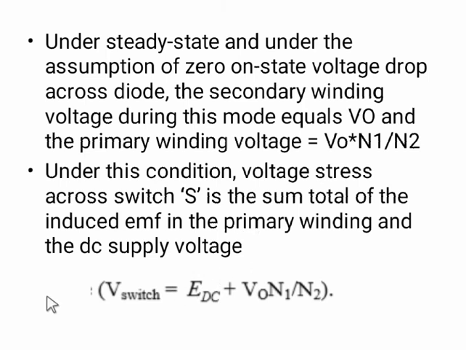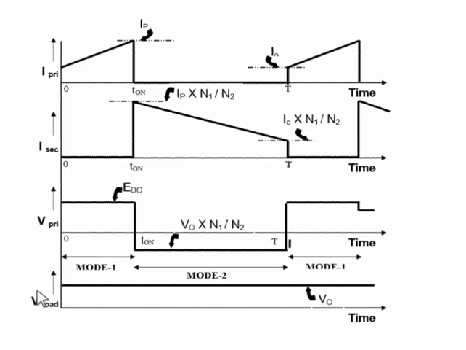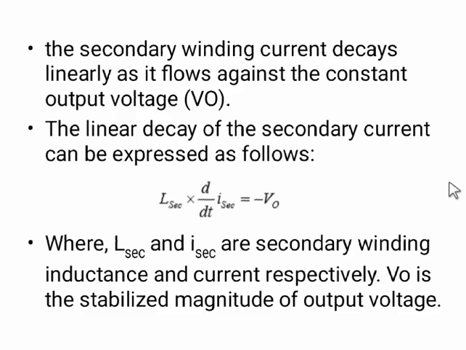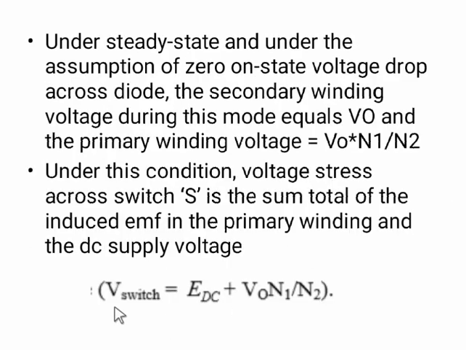That means the voltage across this switch is equal to the input voltage plus the primary winding induced voltage, which is V0 N1 by N2 plus EDC. So the voltage across the switch equals the input voltage plus V0 N1 by N2.